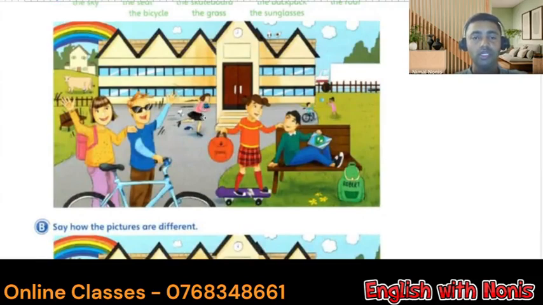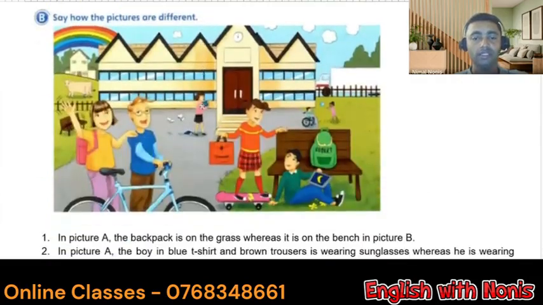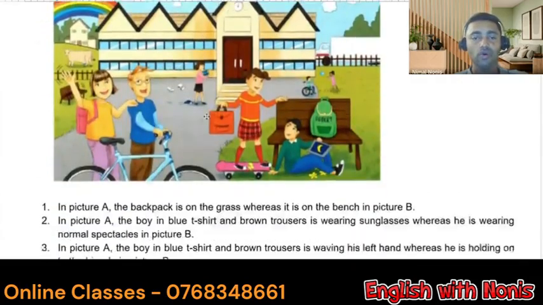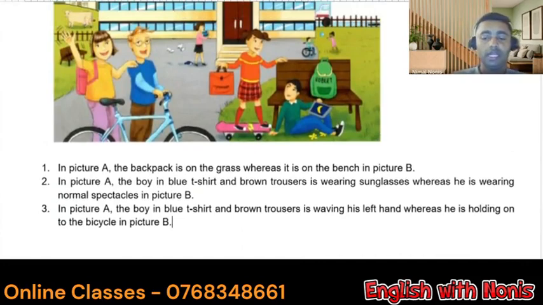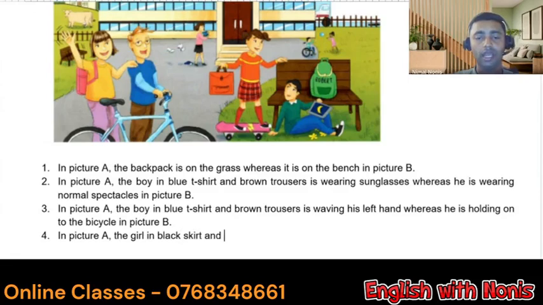So this girl who is in black skirt and pink top, she's running actually, no? But in picture B, she's just walking. We can write that difference as well. In picture A, the girl in black skirt and pink top.